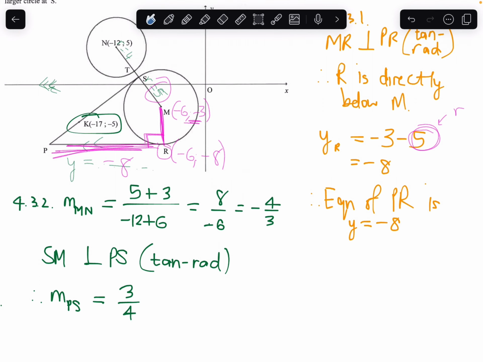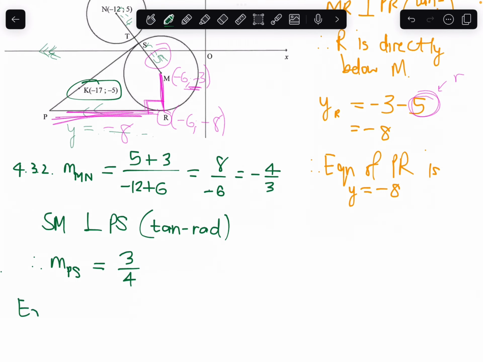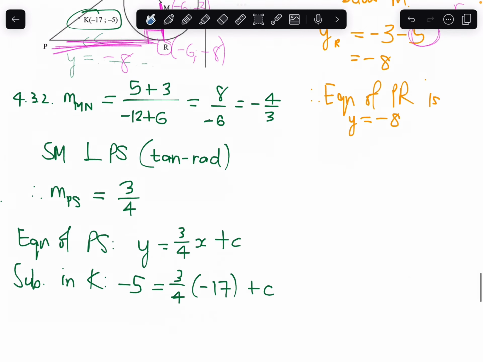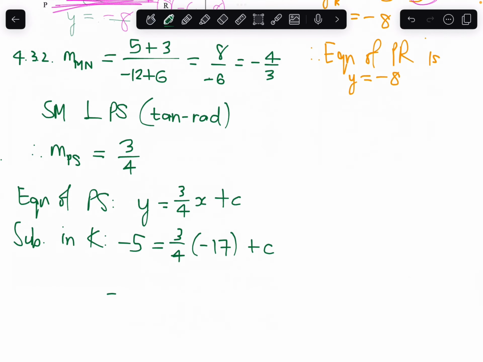Okay, so now we know that the equation of PS looks something like this. Now we can substitute K to figure out what c is. So sub in K, so my y is negative 5, and my x is negative 17 plus c. Okay, so that becomes negative 5 is equal to negative 51 over 4 plus c.